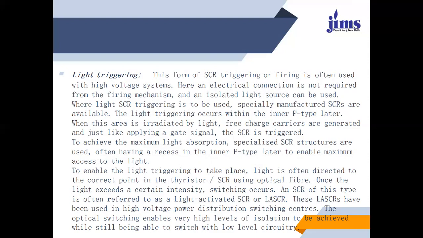To enable the light triggering to take place, light is often directed to the correct point in the thyristor SCR using optical fiber. Once the light exceeds a certain intensity, switching occurs. An SCR of this type is often referred to as a light-activated SCR or LASCR. These LASCRs have been used in high voltage power distribution switching centers.